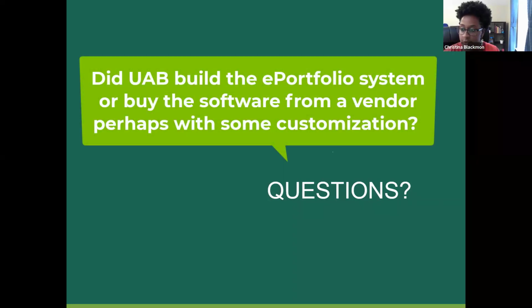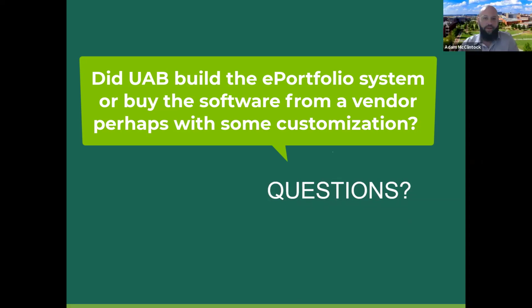Okay, I see the first question is, did UAB build the ePortfolio system or buy the software from a vendor, perhaps with some customization? I'll go ahead and take that one.